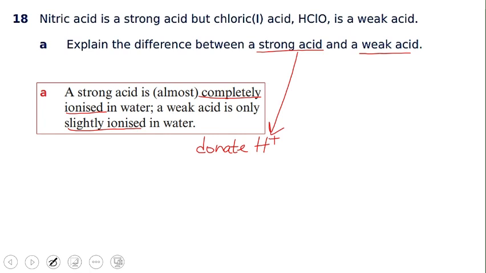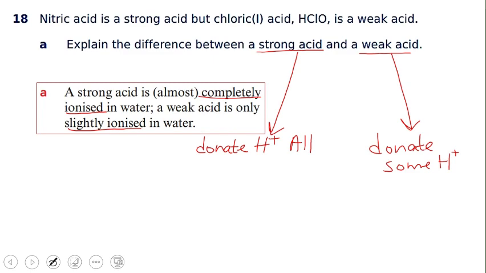If it has one H positive in the formula, two, three, whatever, it will donate all of them. A weak acid slightly ionizes in water. It means it is going to donate only some H positive, maybe one, maybe two, not all of them.